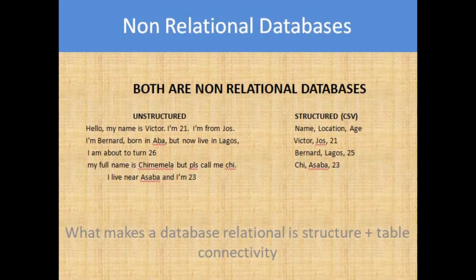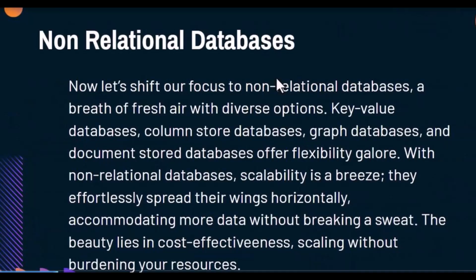You don't need to start adding more resources. And finally, they are cost effective, and that's because we don't need to add more resources. So this ties back to scalability. You are able to scale and add more data without additional resources.